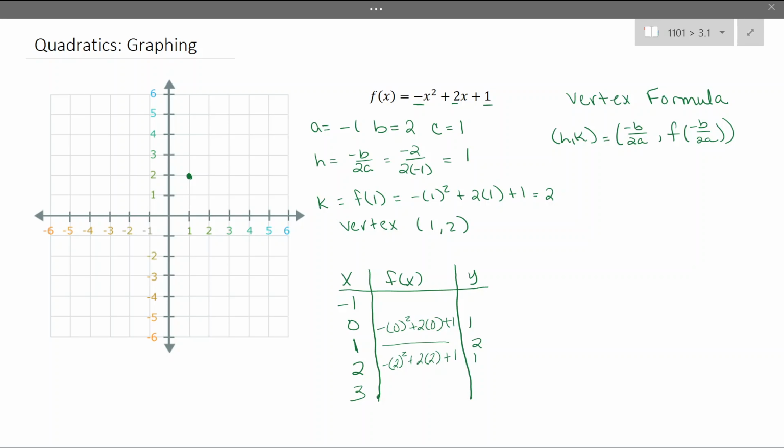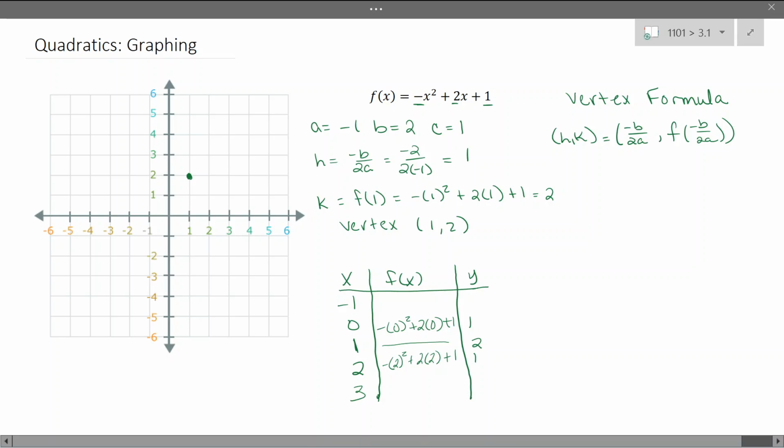So next, let's move out one more and go to negative 1. So I'm going to get negative 1 squared plus 2 times negative 1 plus 1. So that's going to come out to be negative 2. Then I have negative 3 squared plus 2 times 3 plus 1, which comes out to be negative 2.